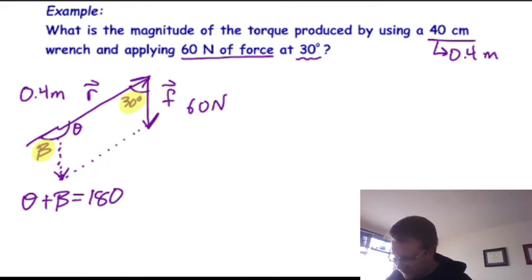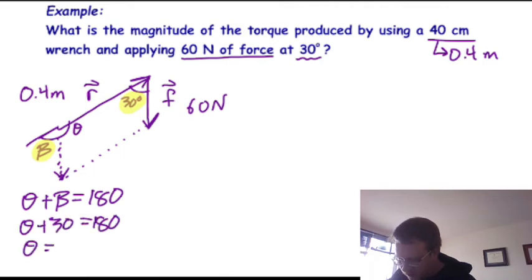So I can fill in that value. Theta plus 30 equals 180. I can rearrange and solve, and I find that my theta angle here is going to be 150 degrees. So that is the angle when the vectors are tail to tail: tail of this vector, tail of this vector. So we have our angle.